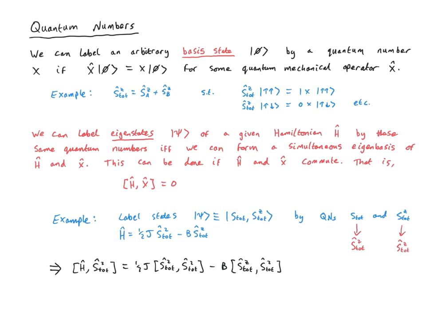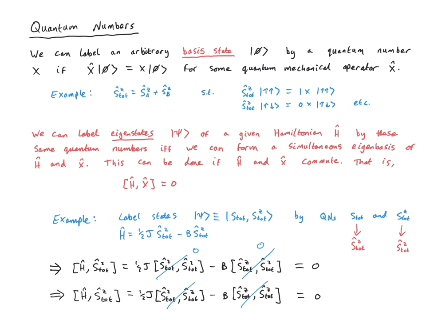We can write it in terms of these two separate commutators, one involving the commutator of s total squared with itself, which of course is equal to 0, and the other one involving s total z with s total squared. And we know from the rules of angular momentum that actually these again do commute. So this whole thing is equal to 0. This tells us that we can label the states of our Hamiltonian according to s total squared.